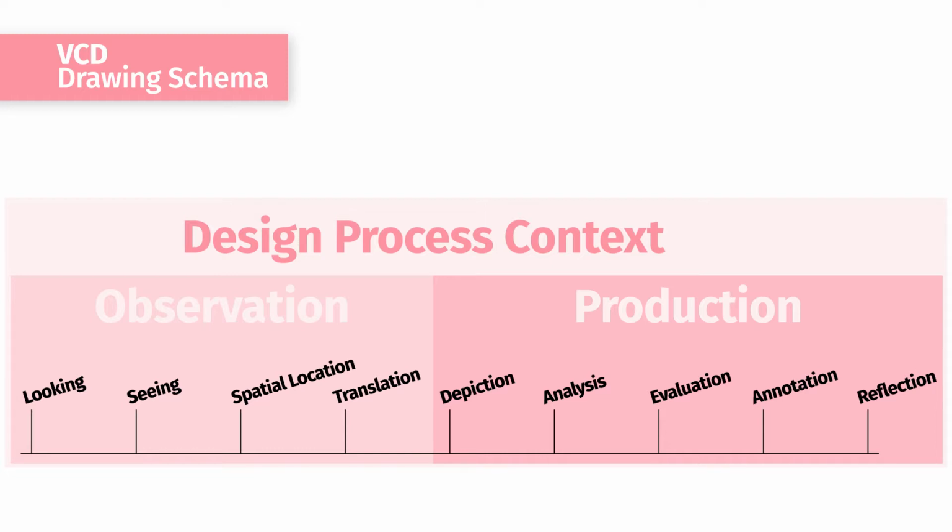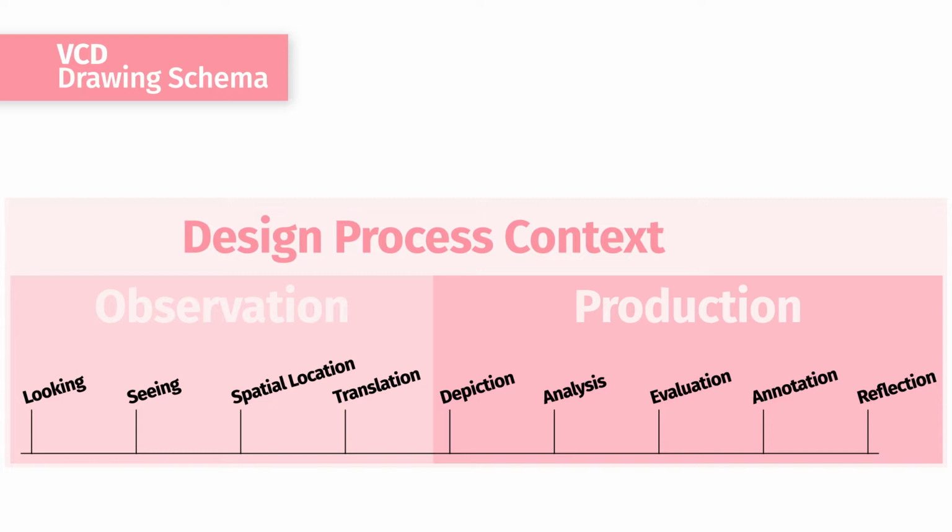So for example, if we're in the research stage, this drawing process will be defined by the aspects that relate to observational drawings. Likewise, if they're in the development of concepts, then we'll be looking more at the skills required for visualization drawings.